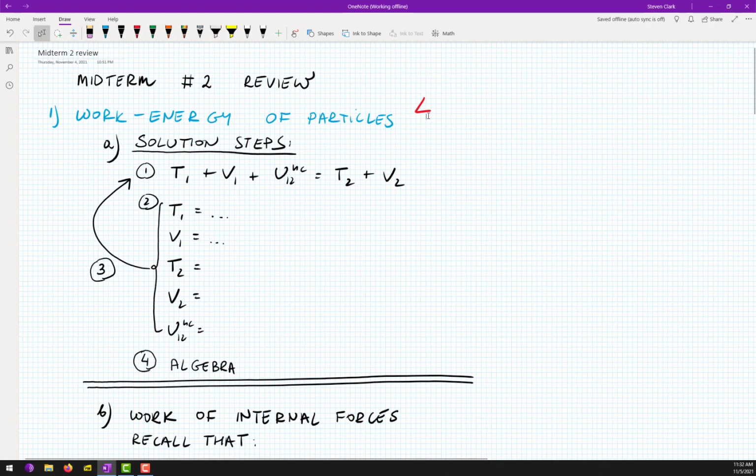If you run into a problem and you decide to solve it with work energy, just follow our recipe, our solution steps. I usually write down this expression: T1 plus V1 plus U12 non-conservative equals T2 plus V2.